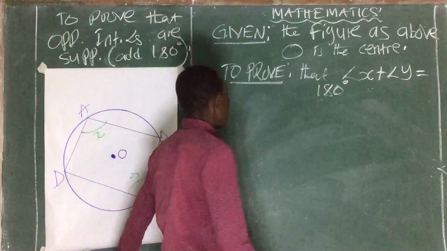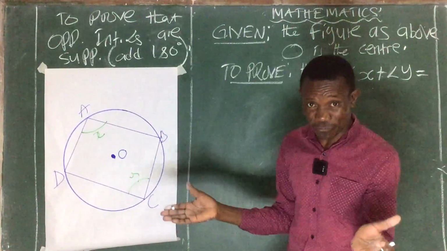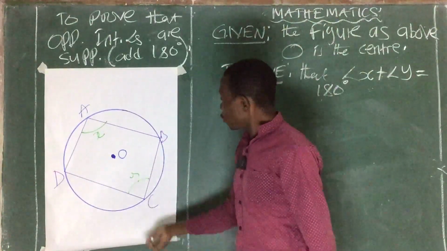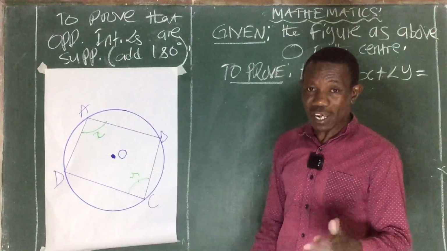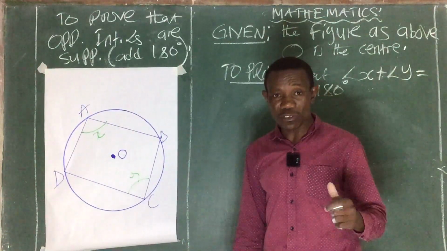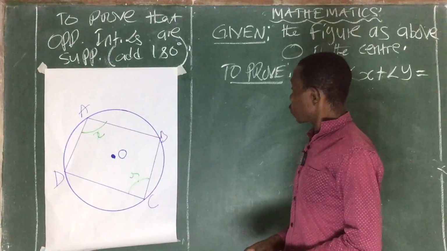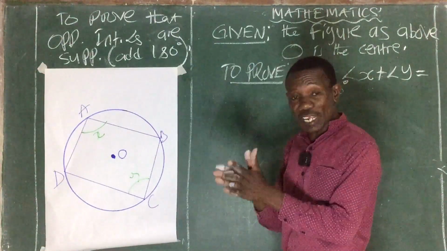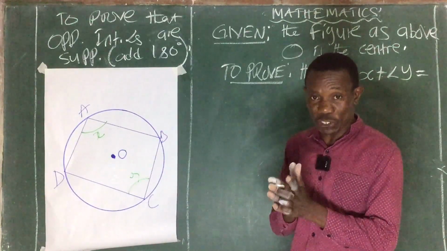Right. Having done that, then you look at the diagram as such. Is the information enough for me to show that X plus Y is 180 degrees? As I earlier indicated in those previous videos, as you can observe in the link down here, I talked of the issue of adding something on the diagram in case that diagram doesn't have enough information.